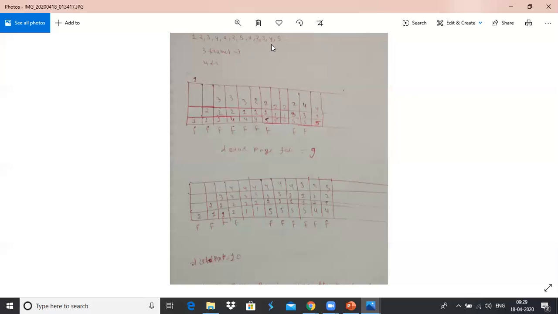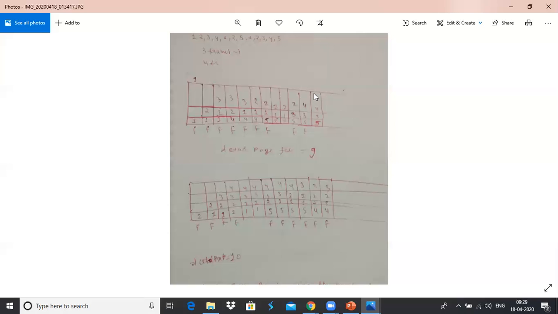Again 4 comes, after 3, 2 will be replaced. So which page will you replace? 2 will be replaced by 4, 1 page fault. Again request for memory reference 5. Previously no such reference existed in the frames, so you are applying FIFO.